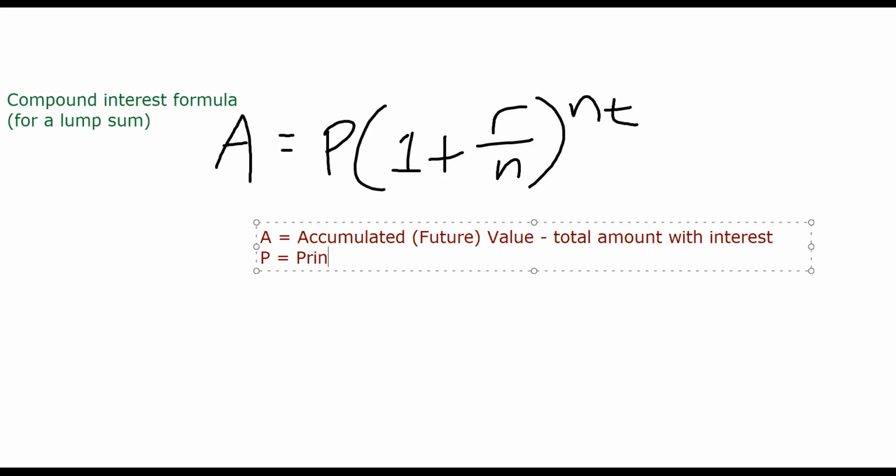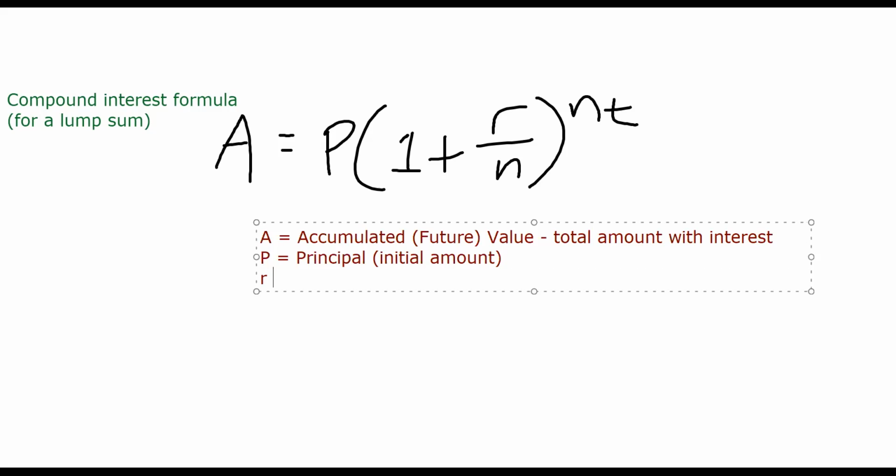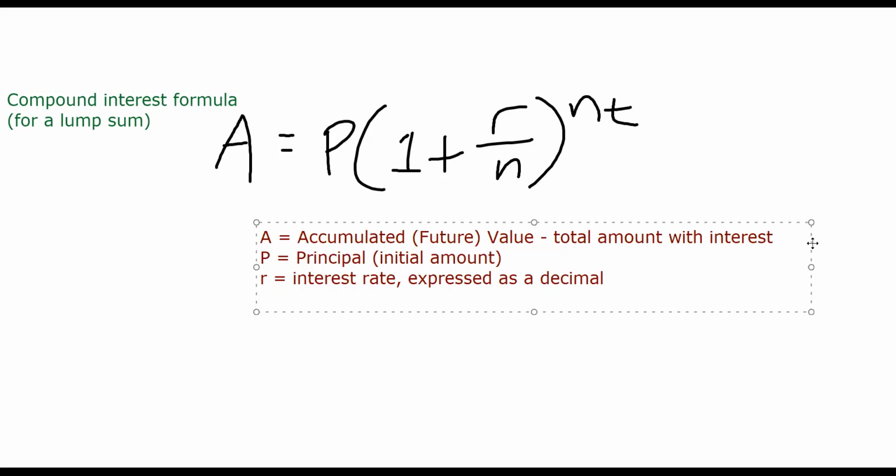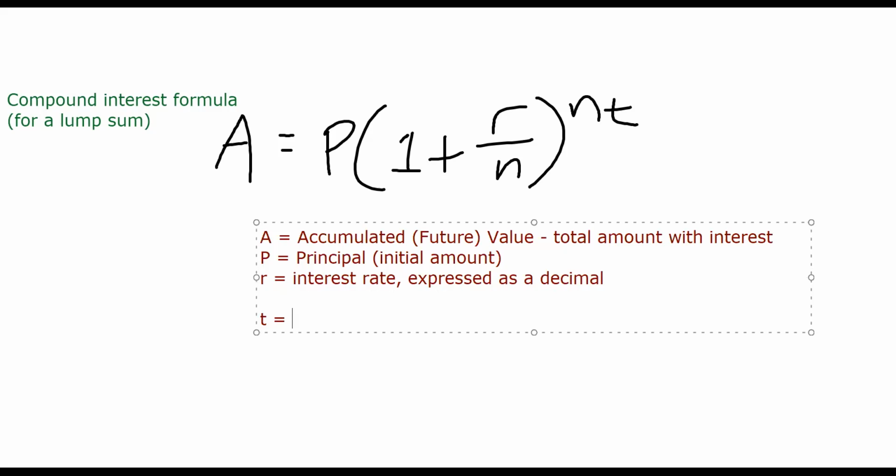We use the exact same variable, A. P is said to be the principal. That's going to be the initial amount, either of a loan or an initial amount invested. R is going to be the interest rate expressed as a decimal, just like last time. T, once again, is going to be the number of years. So those variables are pretty much identical to what they were for simple interest.